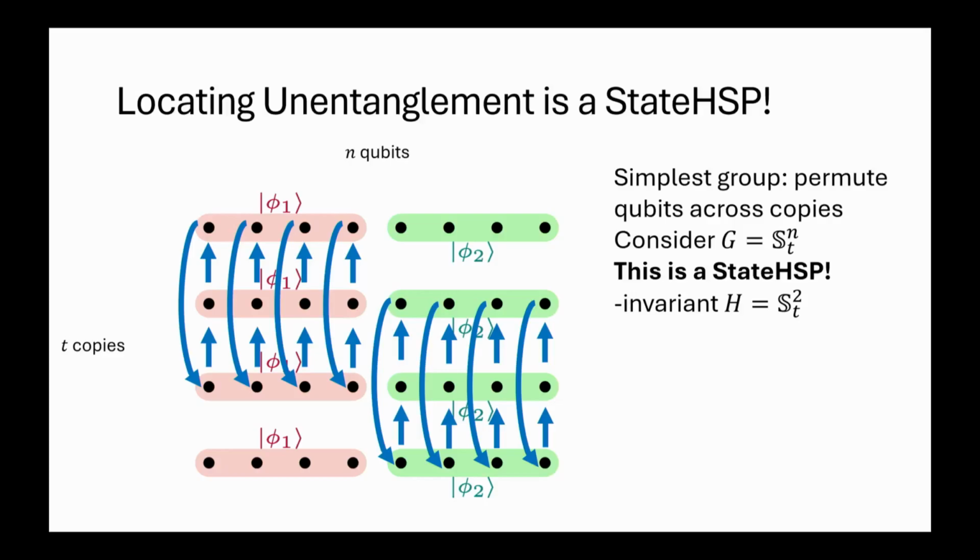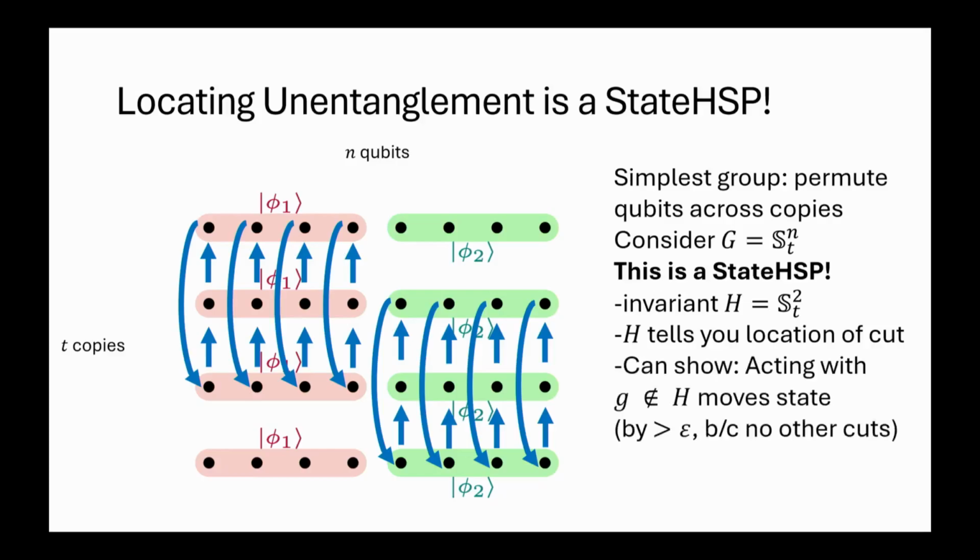If you permute all of the qubits on the left-hand side and the right-hand side independently, like applying one permutation to one and a different permutation to the other, this preserves the state because all those tensor product factors are the same. So this state is invariant under a group which is like 2 copies of S_t. And if you knew this subgroup, you would know where the cut is, because where these 2 copies are free from one another, that's exactly your dividing line between the 2 systems.